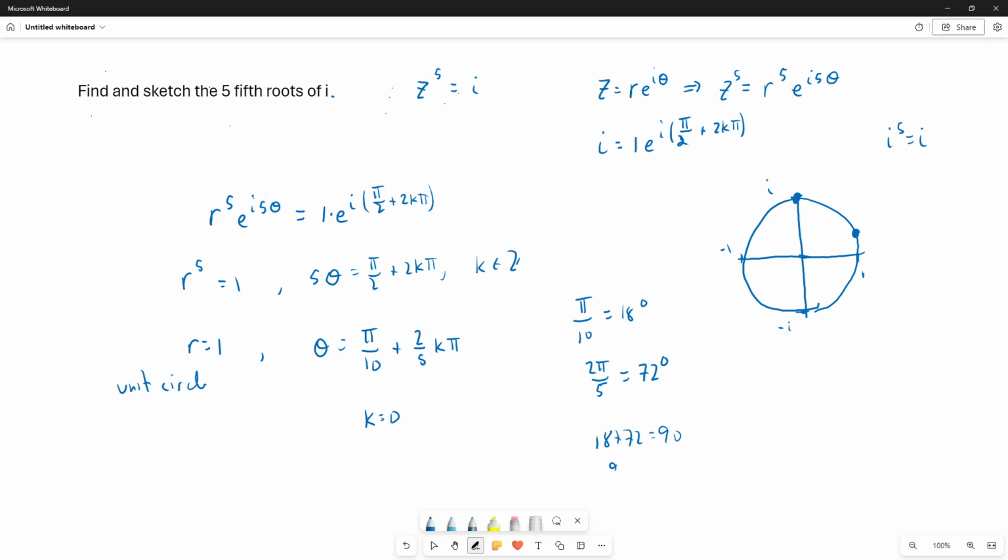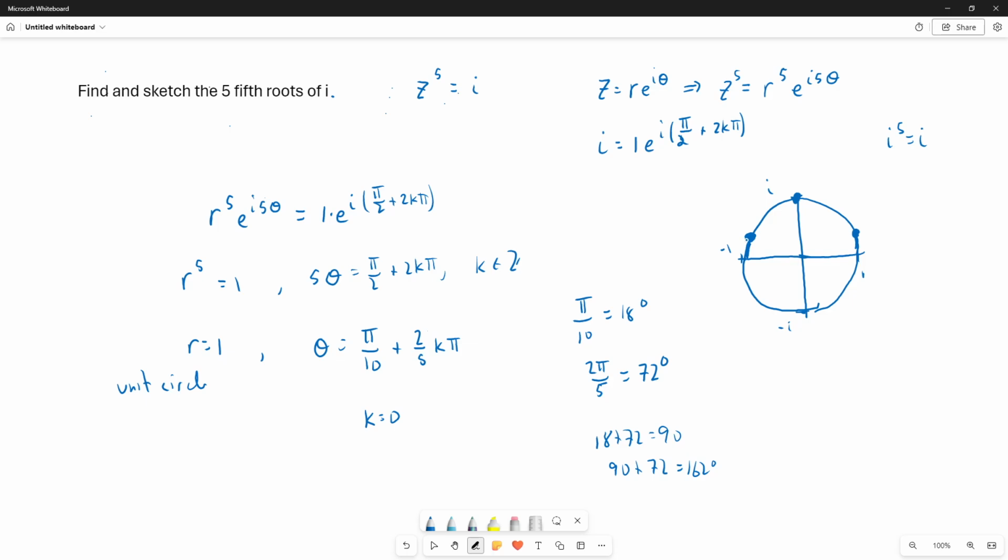And then we need 90 plus another 72 degrees. So that's 162 degrees. And that should be right over here, symmetric with this. That's 18 degrees up from the negative real axis, and this one was 18 degrees up from the positive real axis.